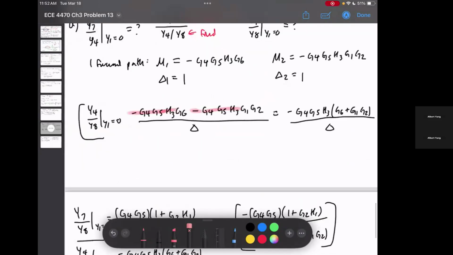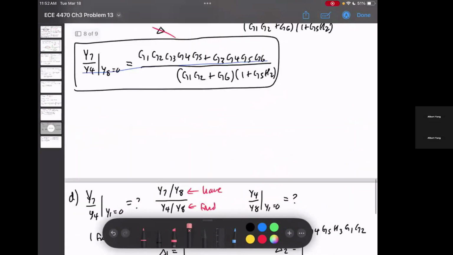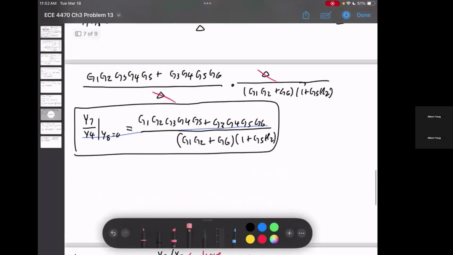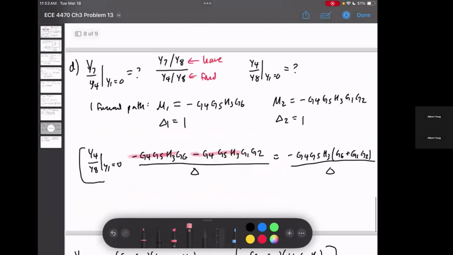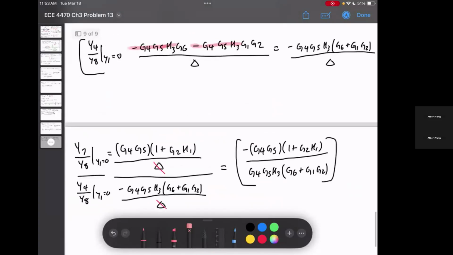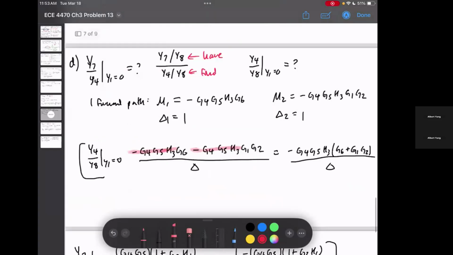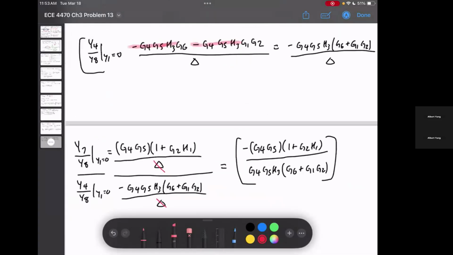That's actually these two. So the Y7, Y4. Oh, that's this one here. And it's going to be that versus these two. So yes, they are different.